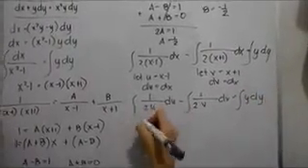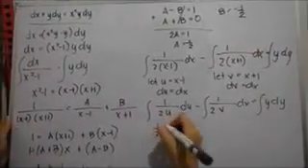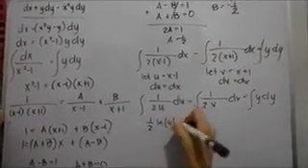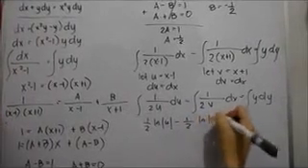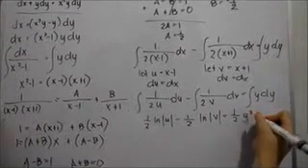Integrate both. So 1 half ln of u minus 1 half ln of v equals 1 half y squared plus c.